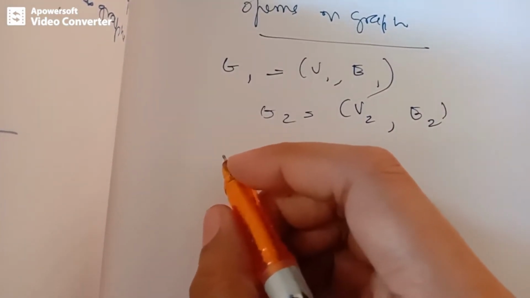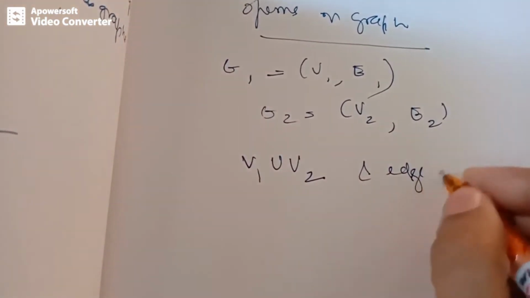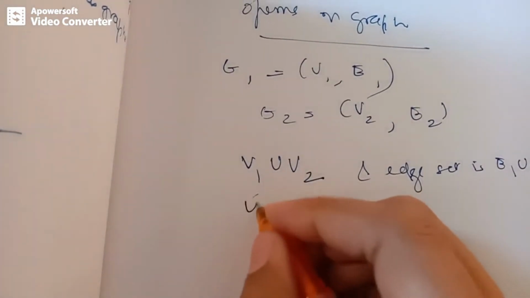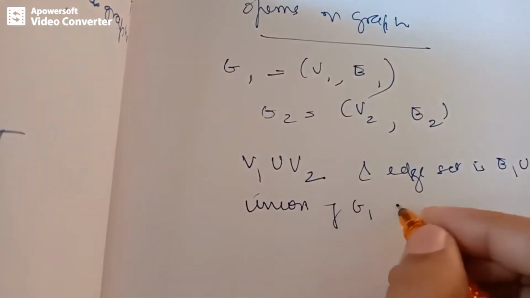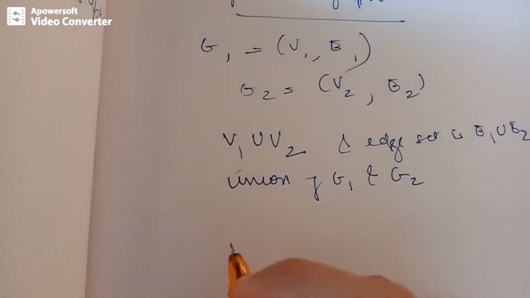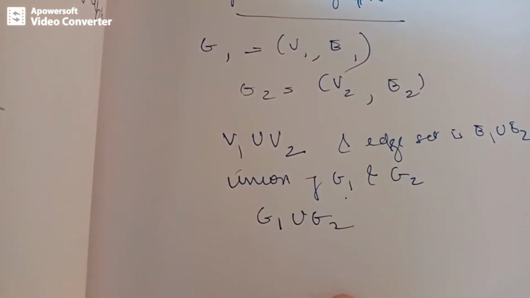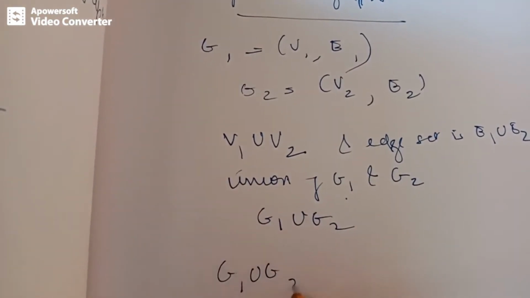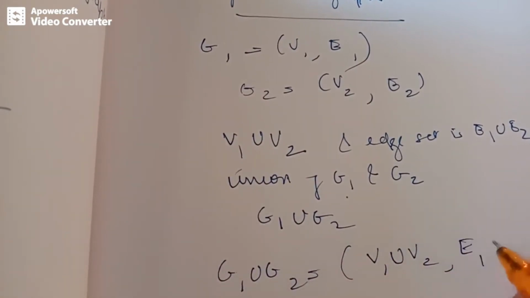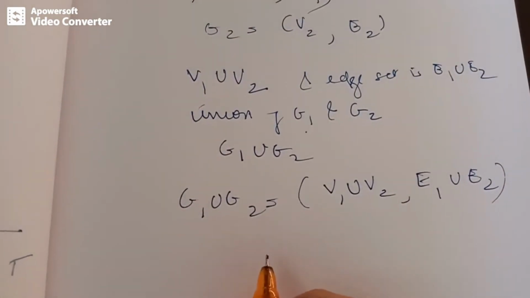So the graph whose vertex set is V1 union V2 and edge set is E1 union E2 is called the union of G1 and G2, and we denote it by G1 union G2. So union of two graphs is nothing but union of all the vertices in the two graphs plus the edges in the two graphs. So this is the first operation on a particular graph.